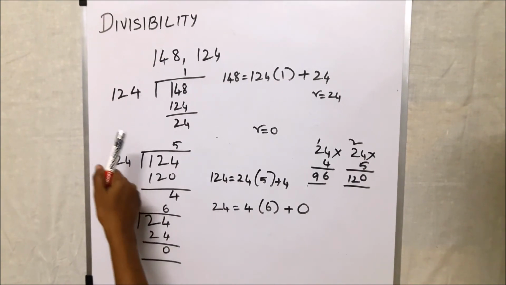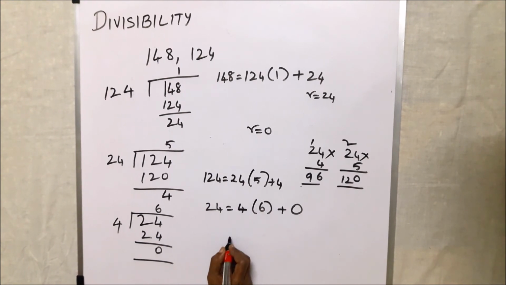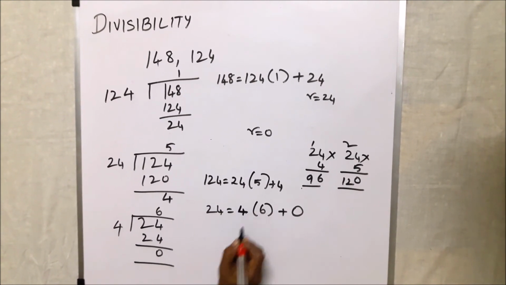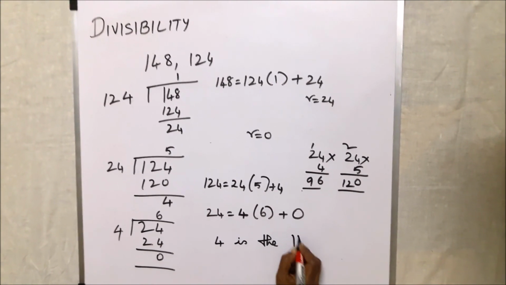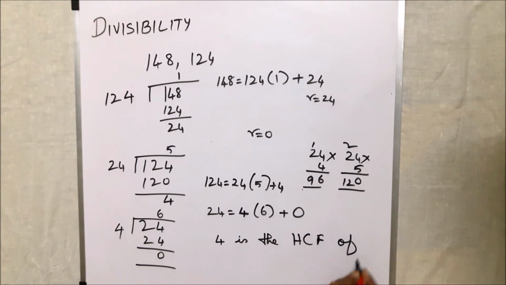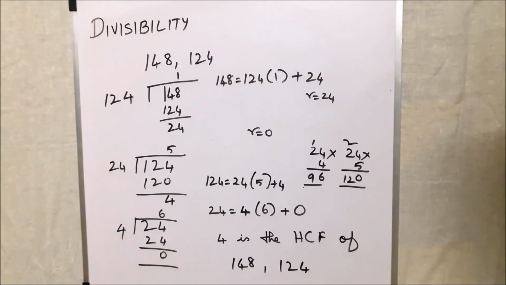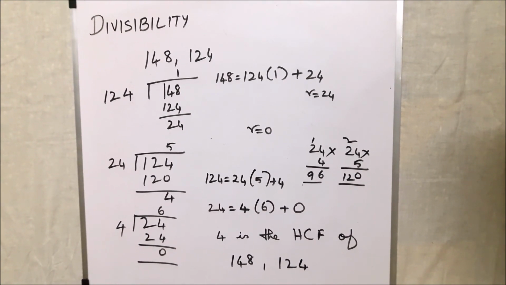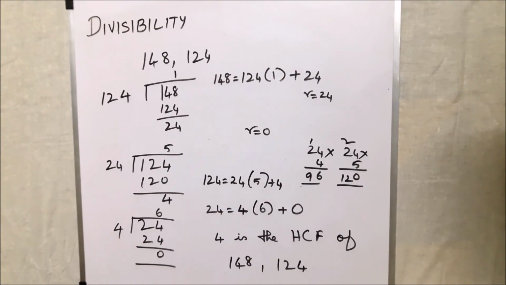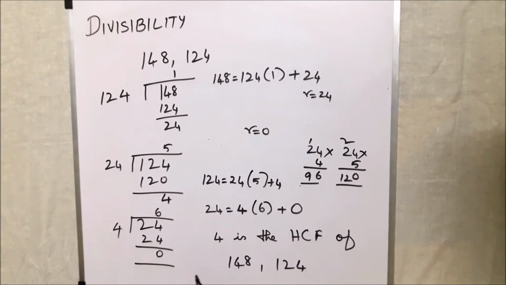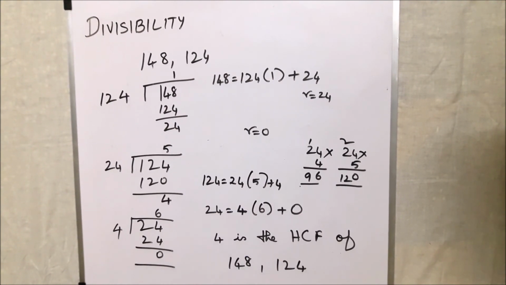We get the conclusion that 4 is the HCF of 148 and 124. This is what Euclid's division algorithm says. Applying Euclid's division lemma, we have to proceed until the remainder is 0. When we get the remainder as 0, that divisor is going to be our HCF.